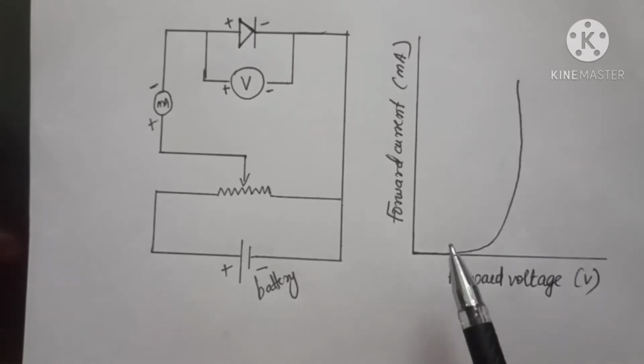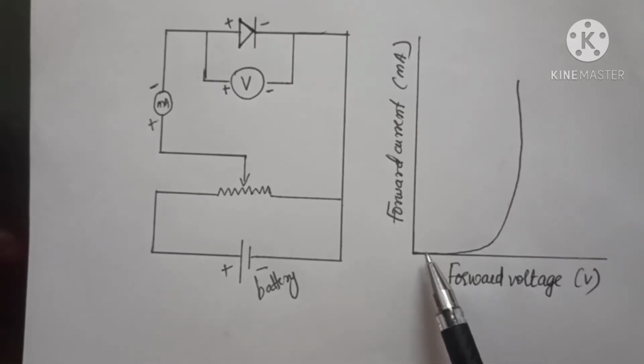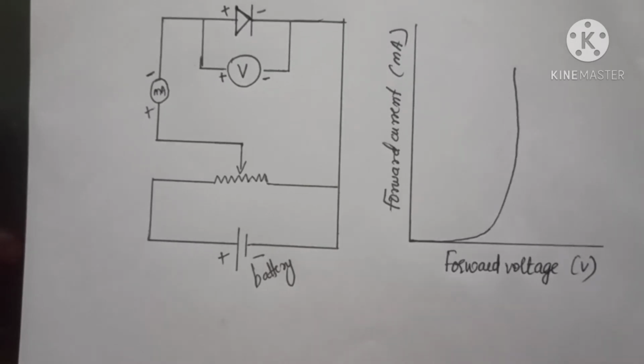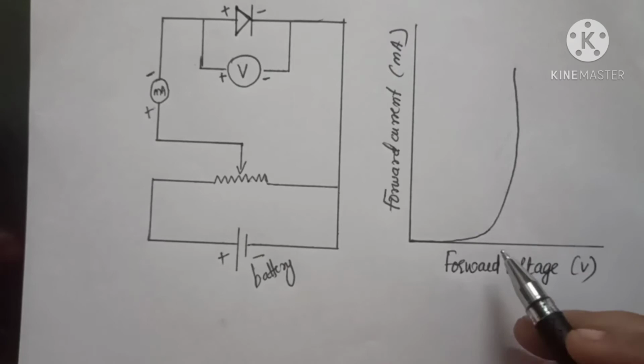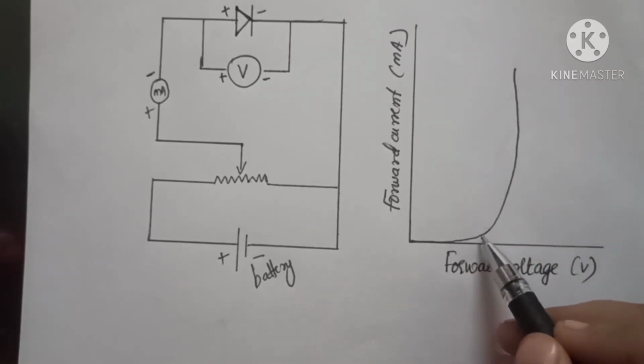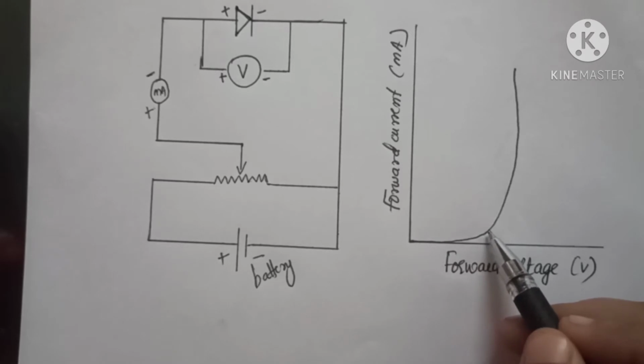But here at the start, you can see that when the applied voltage is low, the current through the diode is almost zero, and it is because of the potential barrier which opposes the applied voltage. Clear for you? Now, till the applied voltage exceeds the potential barrier, the current increases very slowly with increase in the applied voltage. Understood?